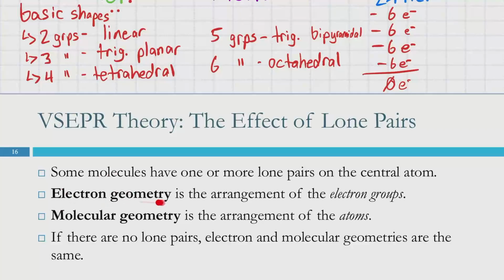If we have lone pairs, anytime we've got groups, we can figure out the electron geometry. The electron geometry is the arrangement of the electron groups. Our electron groups are any number of bonds, single bonds, double bonds, triple bonds, as well as lone pairs and radicals, lone electrons.